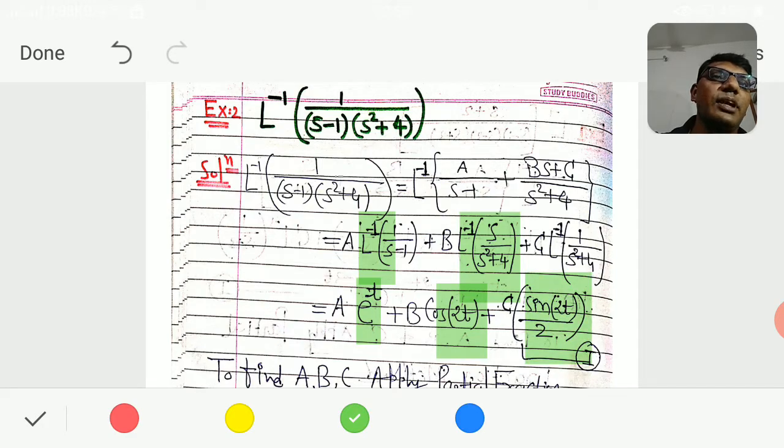Therefore, we get the L inverse simply by partial fraction, but we have to find the a, b, c in this portion.